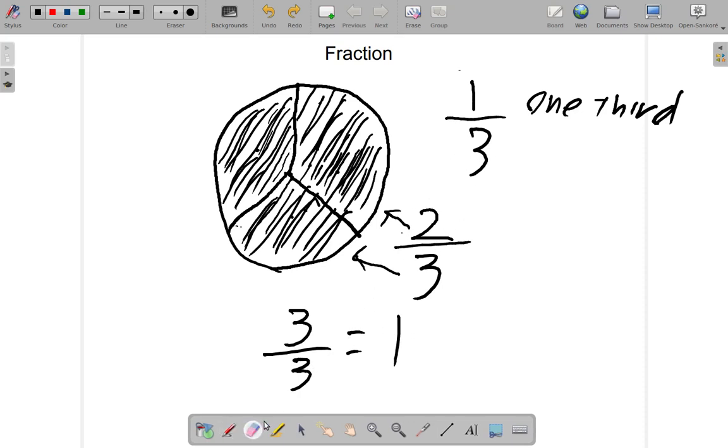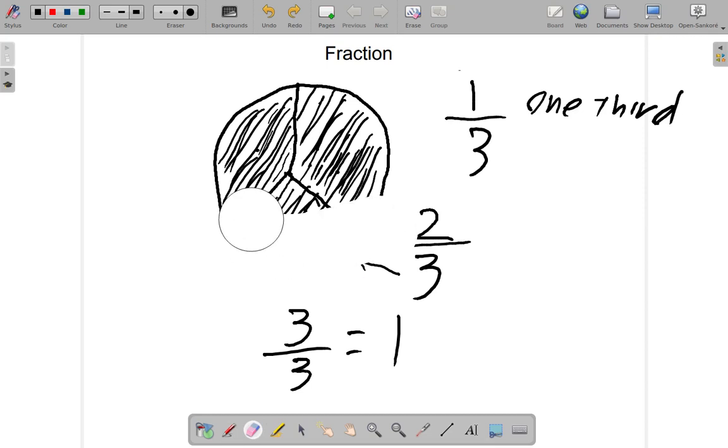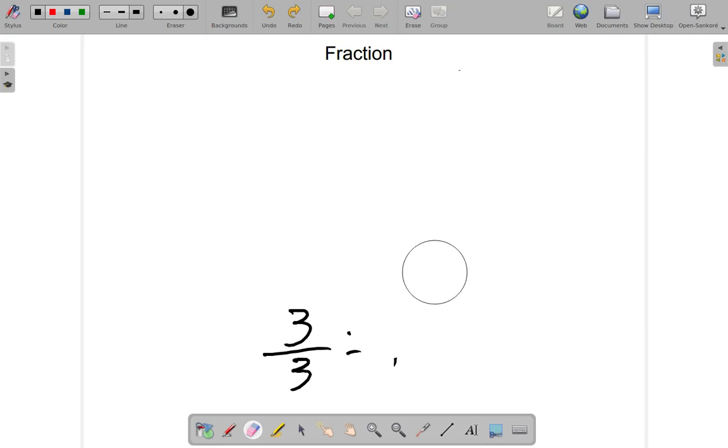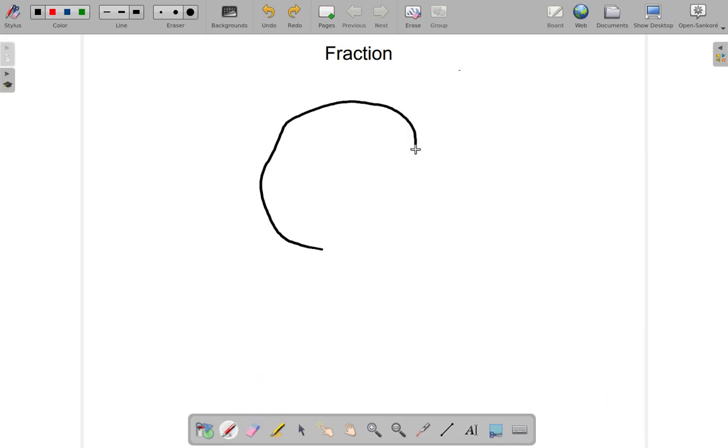Now let's look at one more fraction. In this case, I have my whole and I cut it into 4 equal parts.